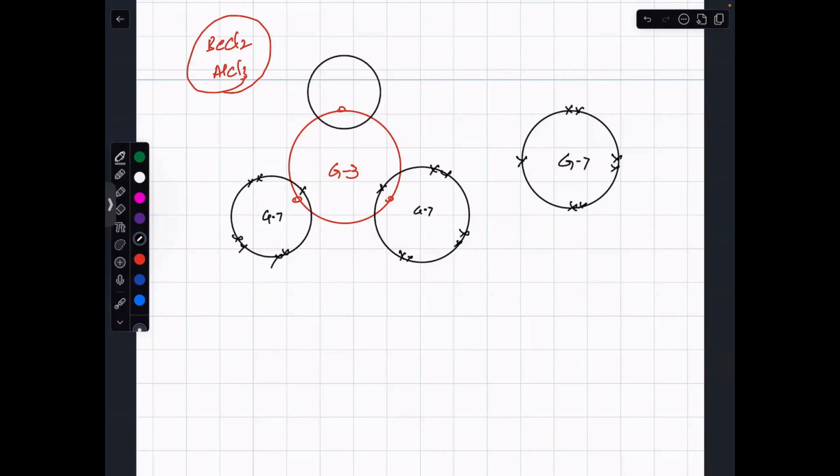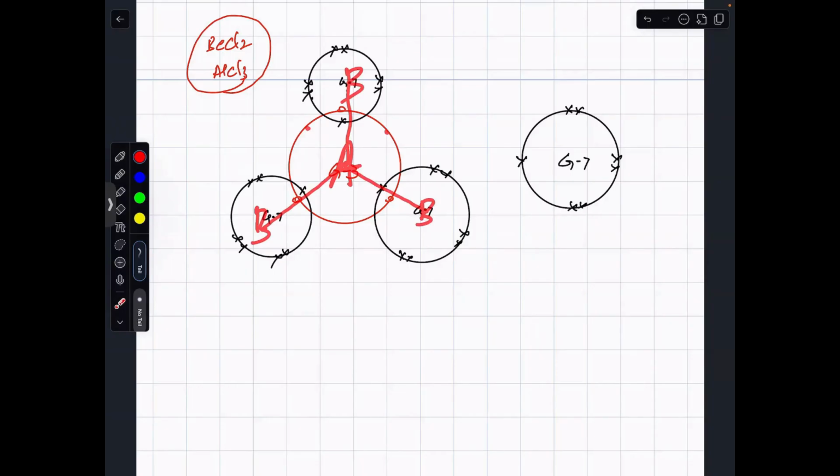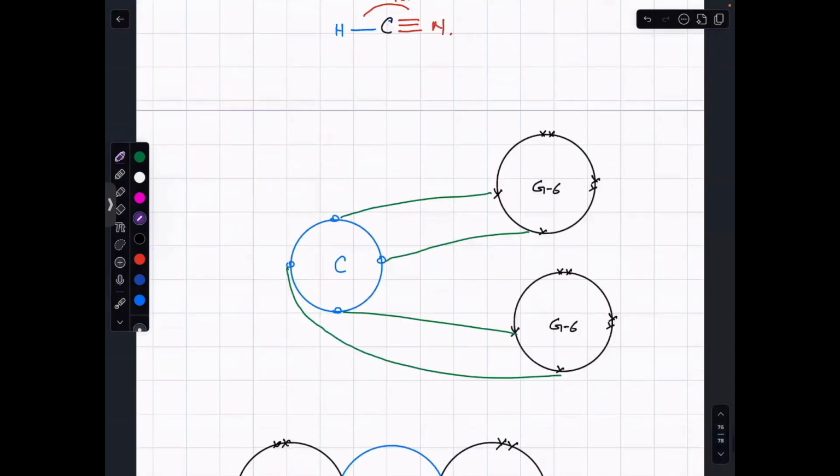Another group 7. See? 1, 2, 3, 4, 5, 6, 7. Right? If you look at this one, this is your A, this is B, this is B, this is B. There is no lone pair. So, this is AB3. If I bring the periodic table down, wait.